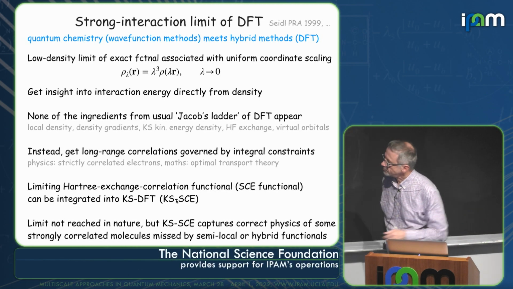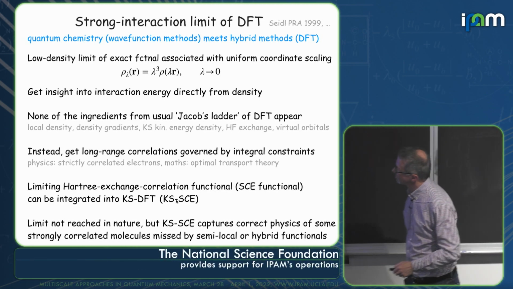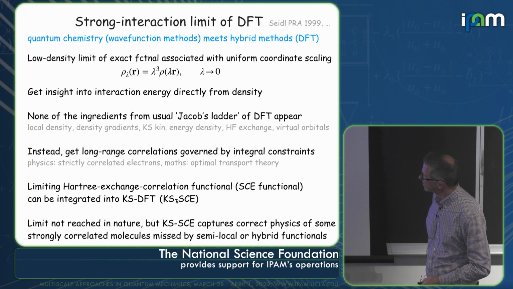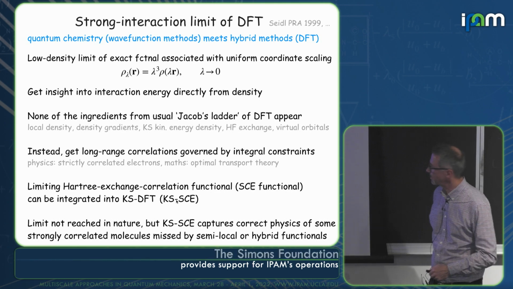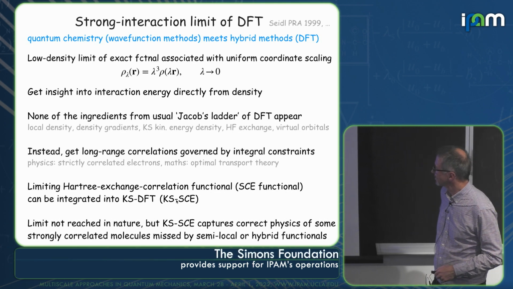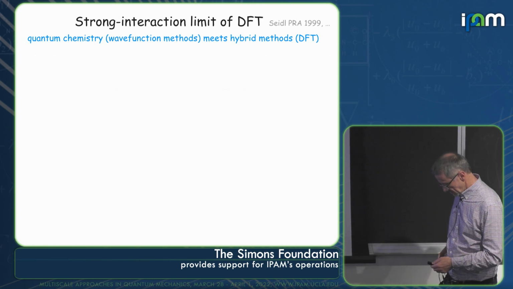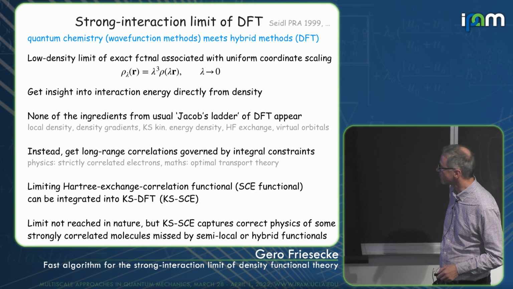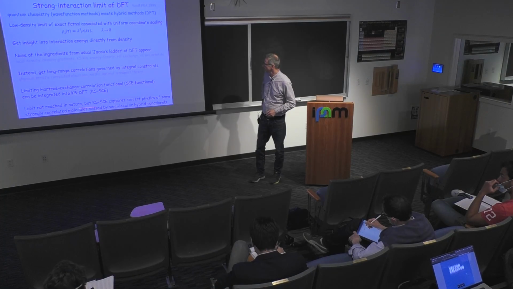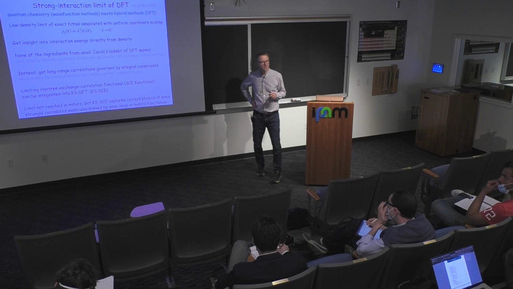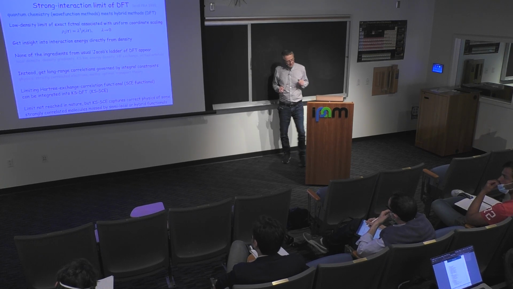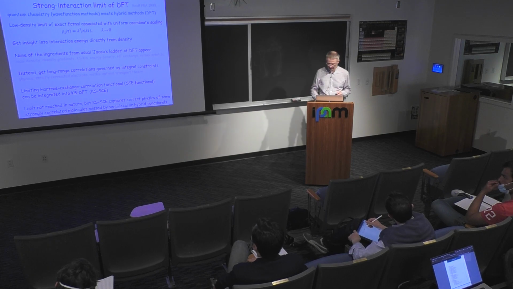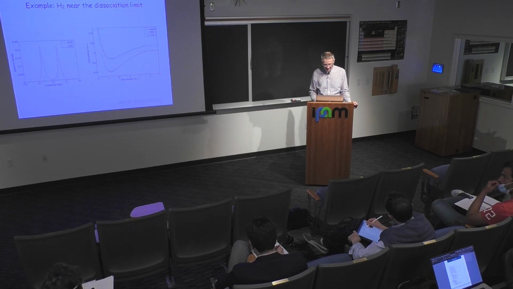Of course, as with all asymptotic limits, it's not reached in nature. But the KS-SCE does capture some important physics of some strongly correlated molecules, which is missed by semi-local or even by hybrid functionals. So I give you an example.